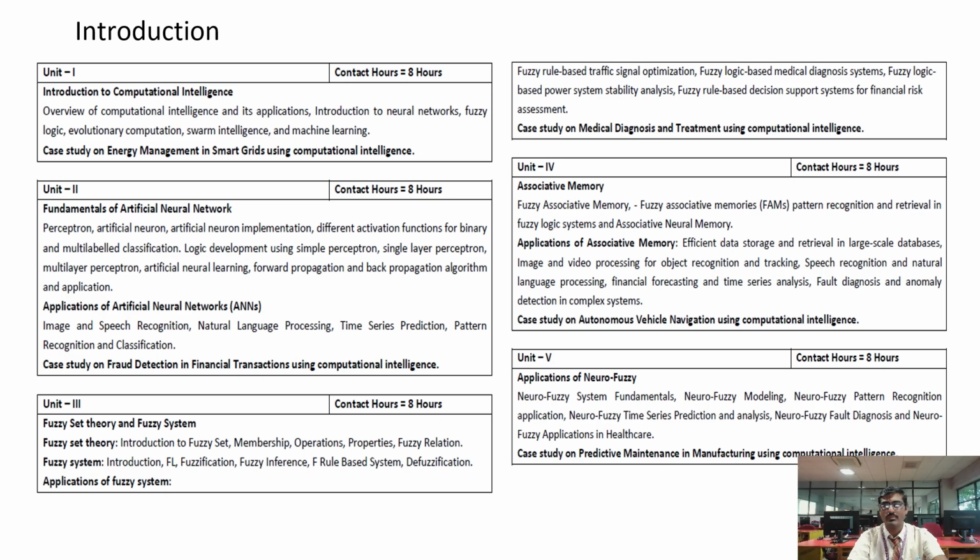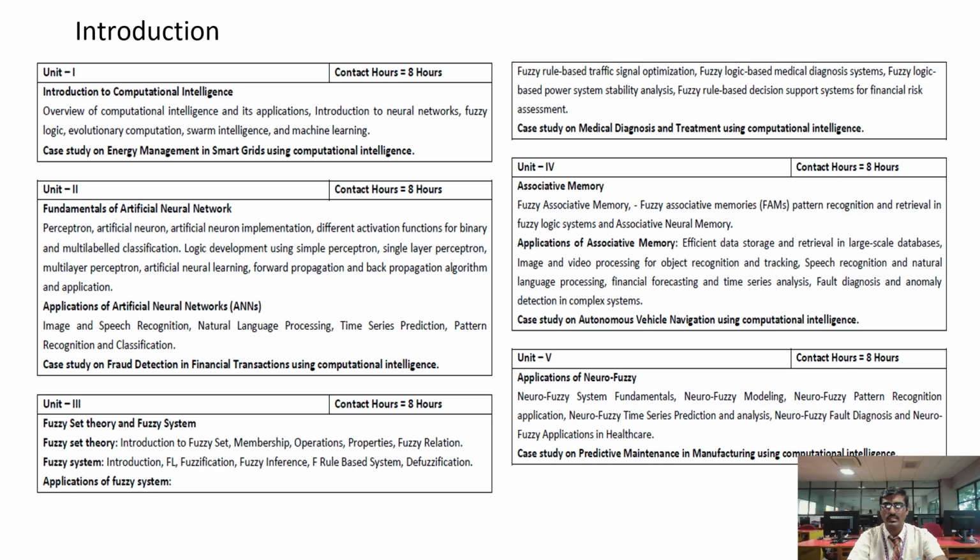Associative memory in unit number 4: how memories can be associated, like how memories are associated with fuzzy logic, especially in pattern recognition and retrieval of fuzzy logic systems. You'll study applications of associative memory: speech recognition, object recognition, tracking, video processing, image processing, natural language processing, and financial forecasting.